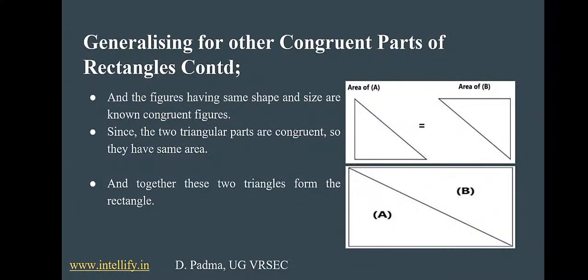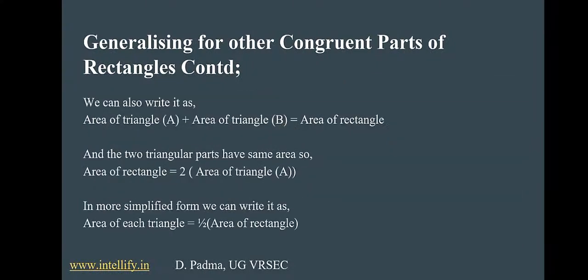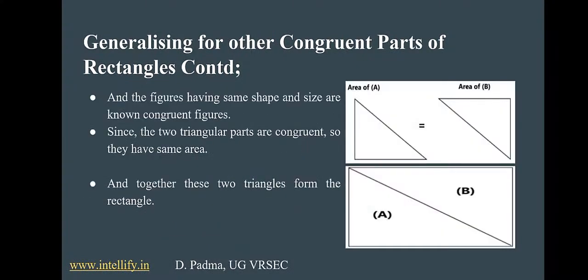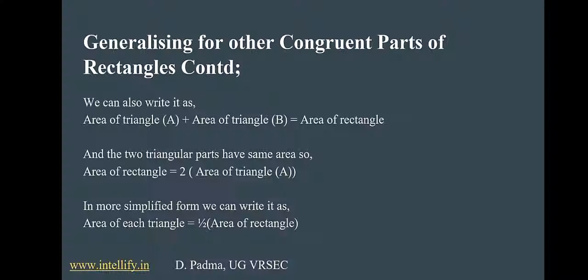Here if you see, area of triangle A plus area of triangle B is equal to area of rectangle, and the two triangular parts have the same area. So area of rectangle equals 2 into area of triangle. In a more simplified form, we can write it as area of each triangle equals half into area of rectangle.